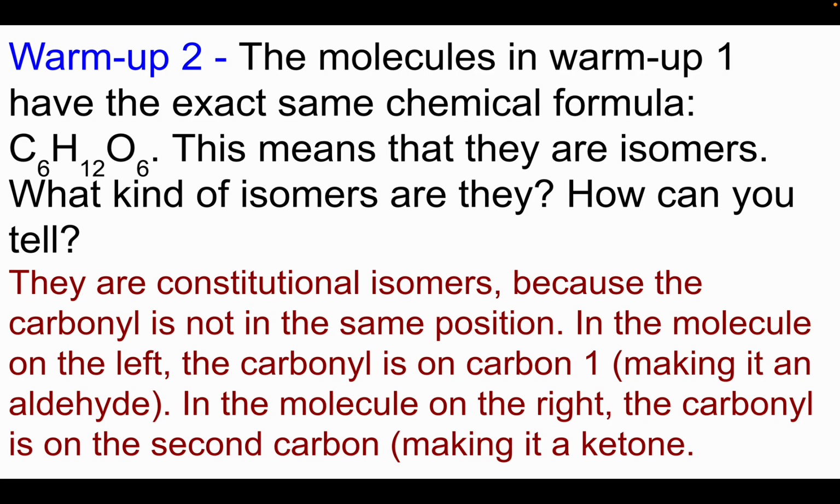So in the molecule on the left, the carbonyl is on carbon 1, so that makes that carbonyl an aldehyde. And on the molecule on the right, the carbonyl is on the second carbon, which is a secondary carbon, and that makes that carbonyl a ketone rather than an aldehyde.